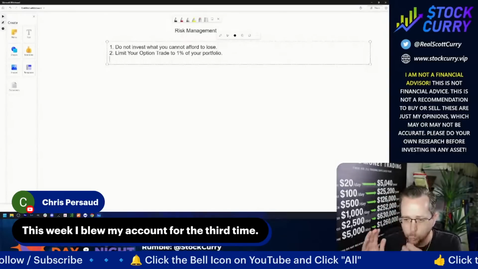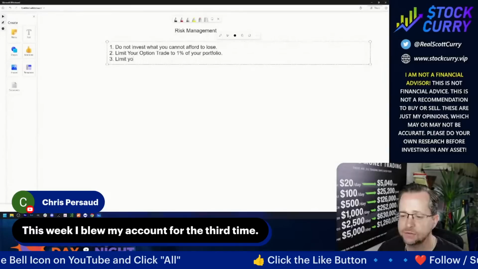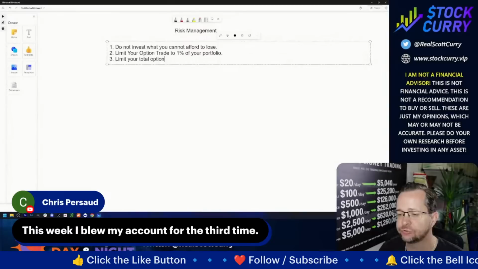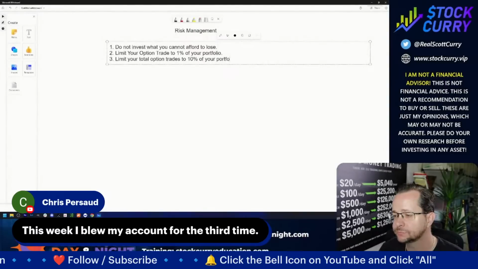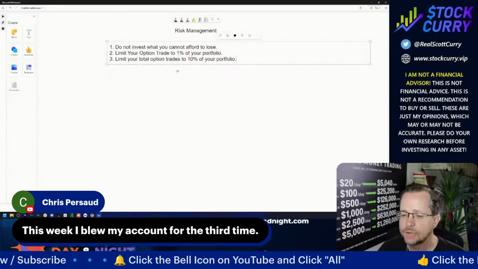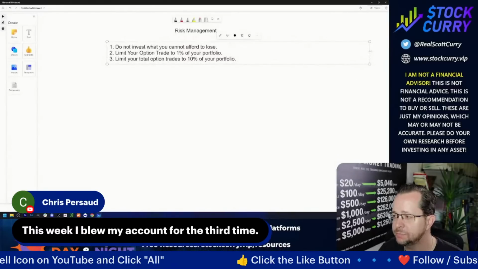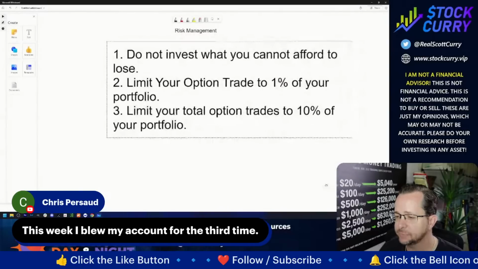Okay? 1% max. And then the other thing is limit your total option trades to 10% of your portfolio. Okay? Guys, look, 90% of your portfolio should be in stocks.